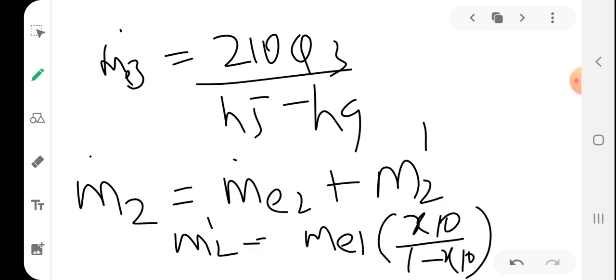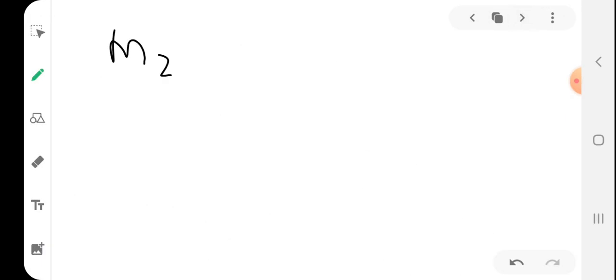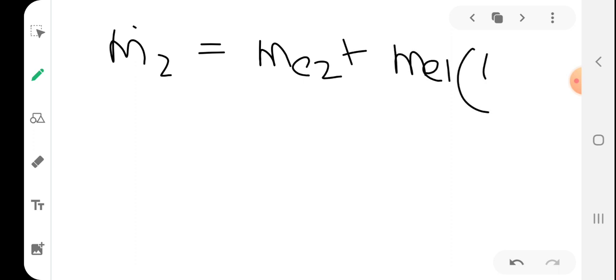So m2 dot can be written as me2 plus me1 into 1 minus x10 by 1 minus x10. That will be the mass of refrigerant flowing through.